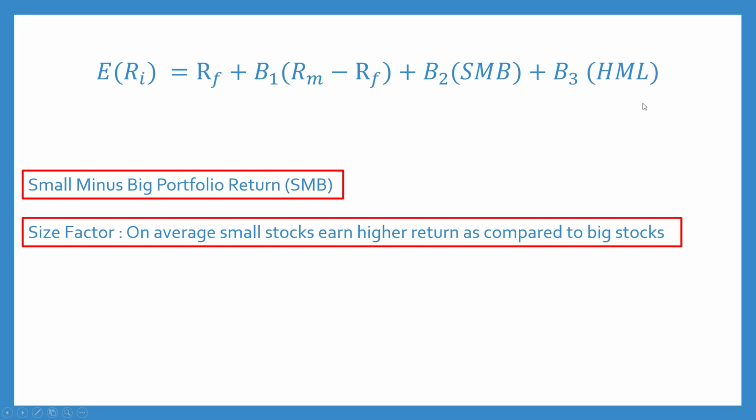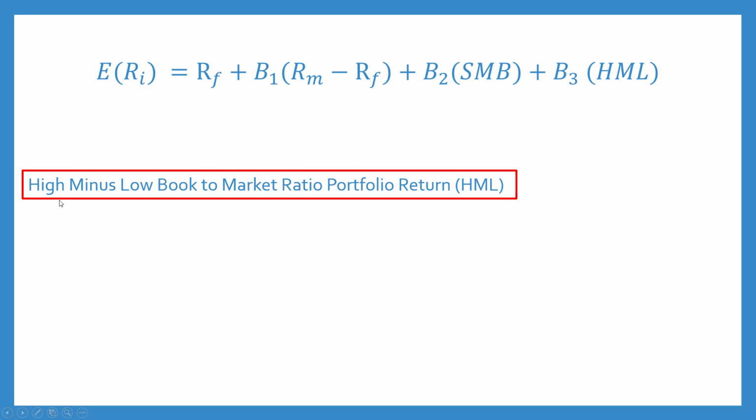The second factor is the HML factor, which stands for high minus low. What is high and what is low? We create a portfolio on the basis of the book to market ratio. So we deduct the returns of the low book to market portfolio from the high book to market portfolio, and that is what is called HML, high minus low.